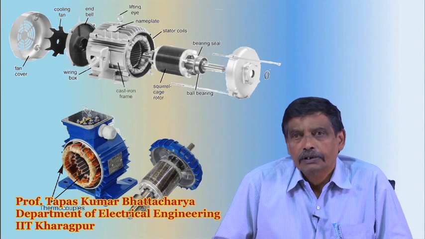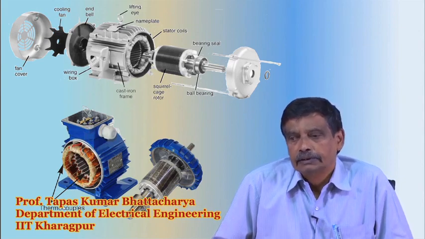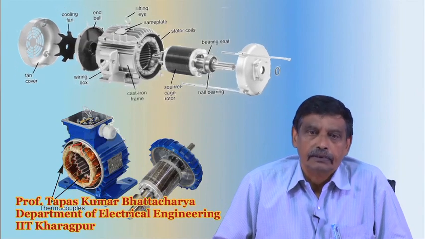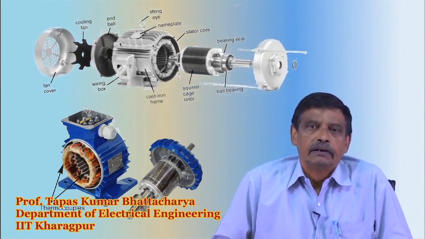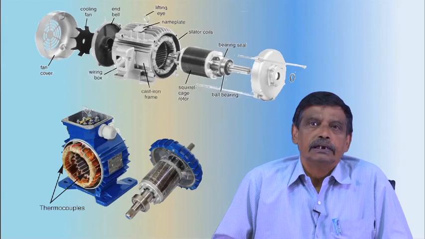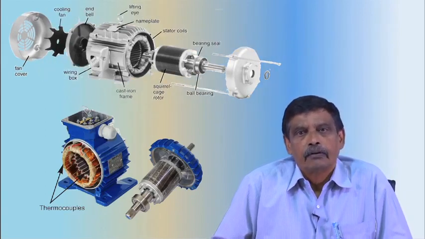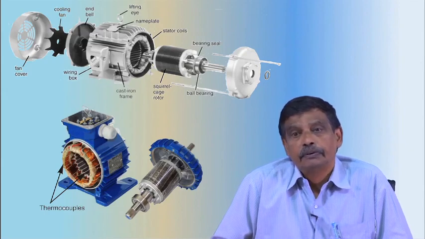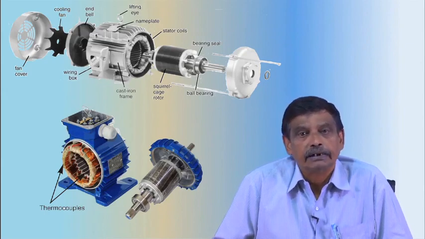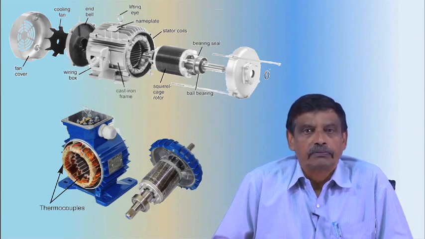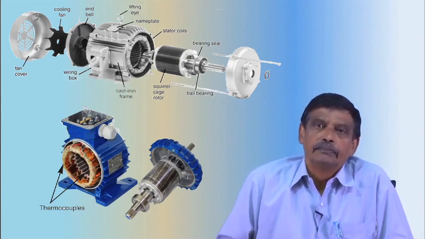One can always think that the production of torque in any rotating machine will be because of the interactions of two sets of magnets, one produced by the stator windings, another produced by the rotor windings when both of them carry current.